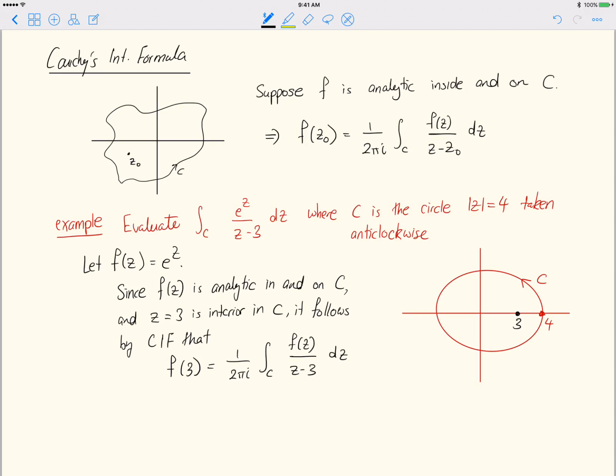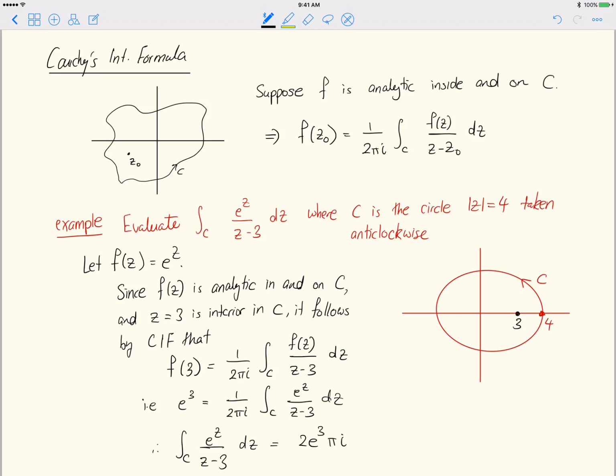Now remember, f was the exponential function, so f of 3 is just going to be e cubed. So rearranging this integral, we get our answer: 2 e cubed pi i. So that's how you use Cauchy's integral formula.